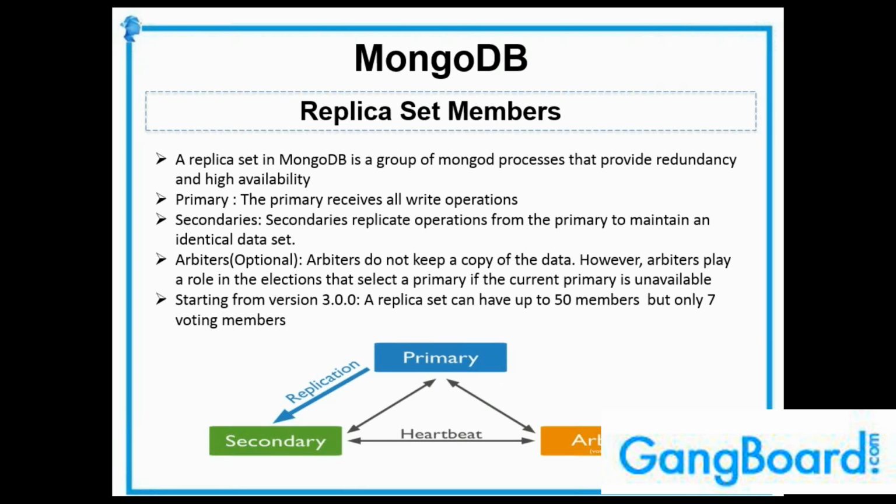The failed node will not become primary again. Since the secondary will have the recent updates of all the writes, it will act as a primary, and it will apply those recent changes to the new secondaries. Yes, I understood.